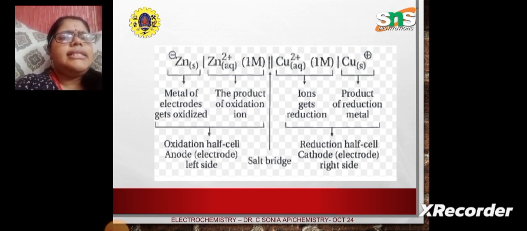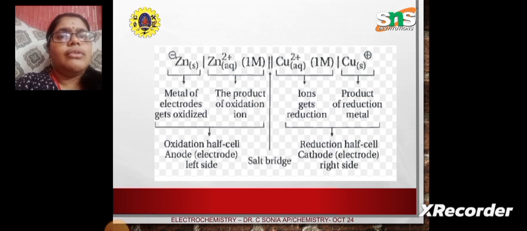And on the right side, the cathode side, you have the copper aqueous 1 molar solution, and the copper solid at the extreme right, separated by a single line. So these copper ions get reduced, and the product of reduction is the metal copper. So the reduction half cell, the cathode electrode, is on the right-hand side. In the cell representation, you have both electrodes, zinc and copper, at the extreme ends.